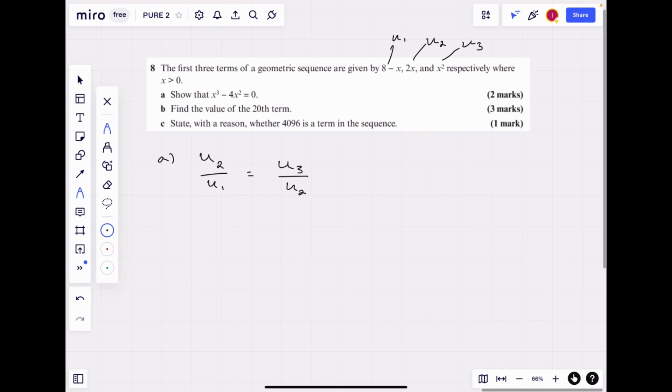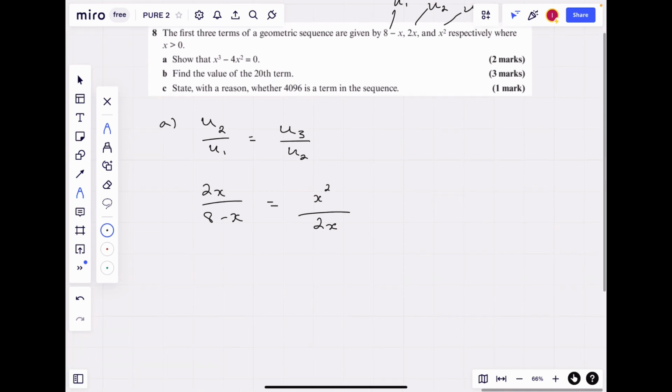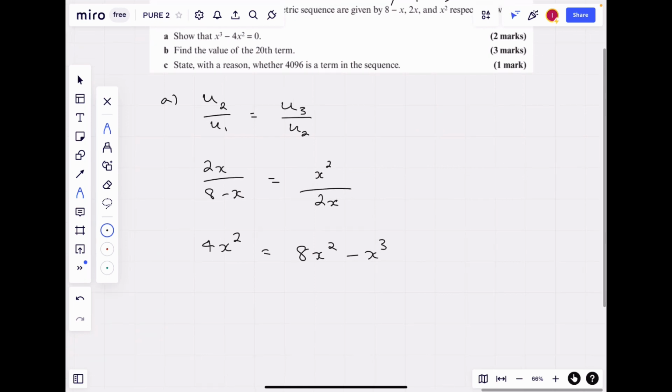So u2 over u1, 2x over 8 minus x, equals x squared over 2x. From here you can cross multiply. 4x squared equals 8x squared minus x cubed. And now x cubed minus 4x squared equals 0. There we go, we've shown it.